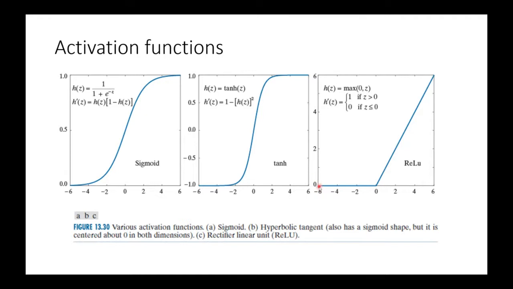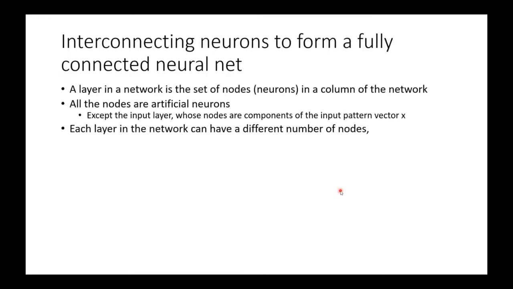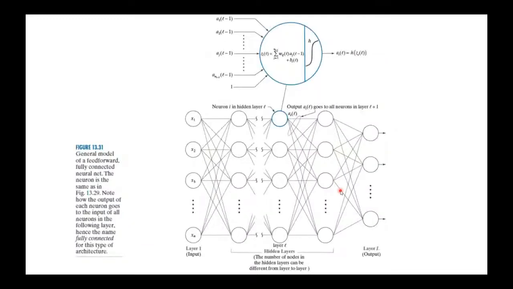Why is this important? Because in a network like this, if you have too many negative values, then the influence of each neuron will be very small. And that's a known problem in neural networks that's been solved with the ReLU activation function.